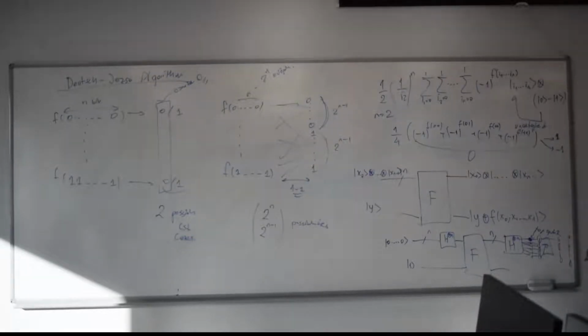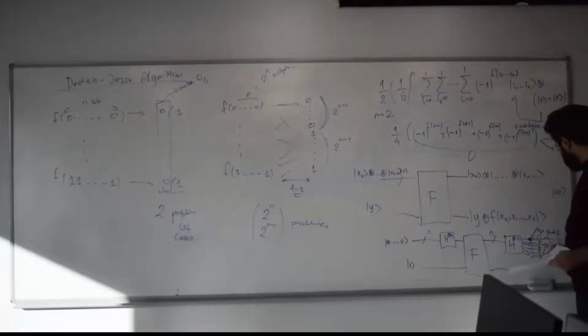So the probability of seeing 0, 0 at the output is 0. In other words, the measurement result cannot be 0, 0 for n equals 2. For general n, all zeros happens with 0 probability. So you never see this if it's a balanced function. If it's a constant function, you always see this.